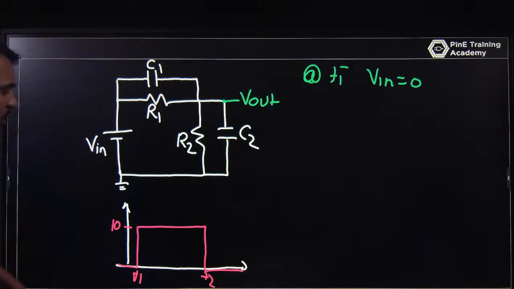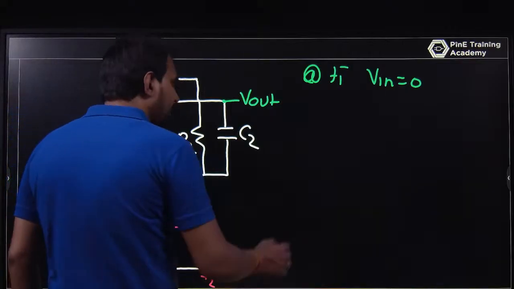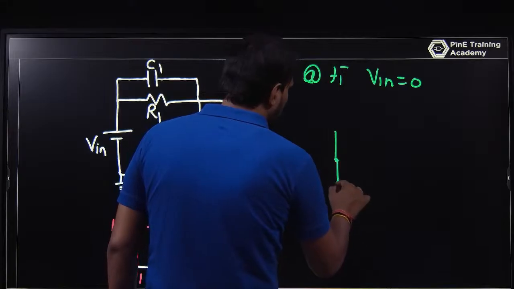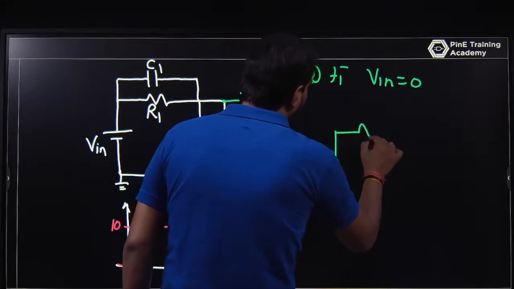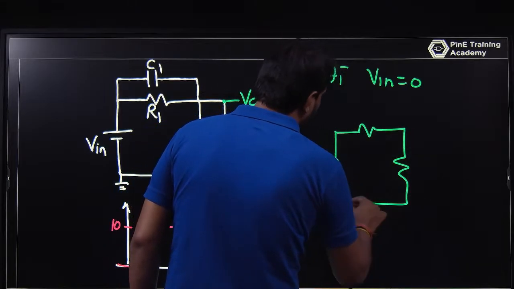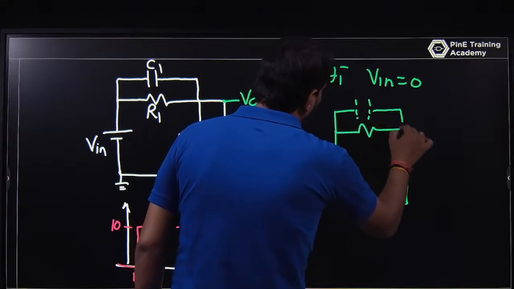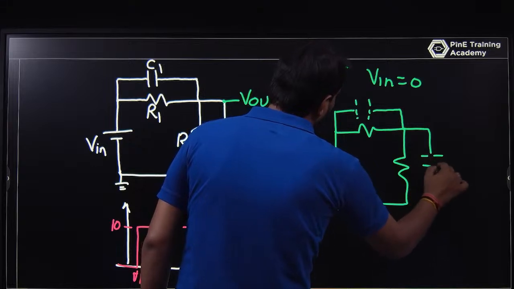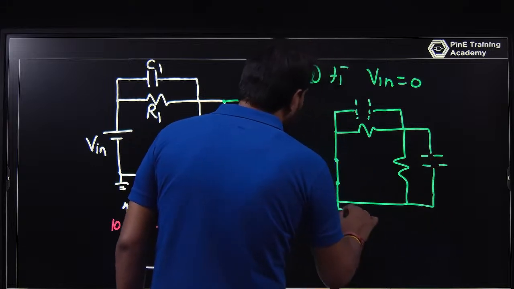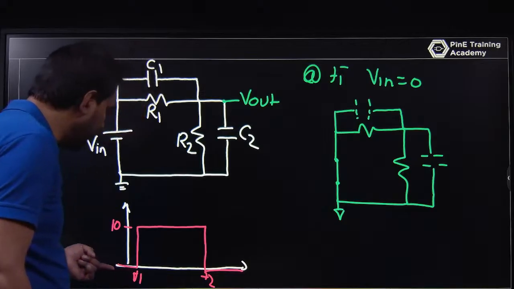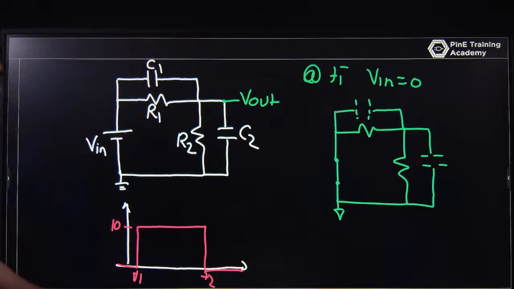If the input voltage is 0, the circuit is connected like this: this is resistance, this is resistance, this is capacitor, and this is capacitor. And in a DC state, it is a constant voltage, so I is equal to C dV by dt, that is, current is 0.